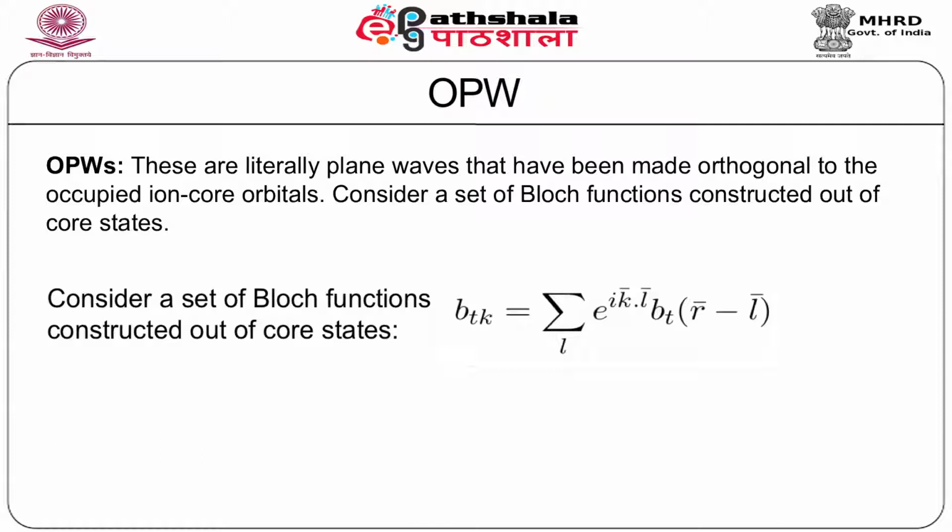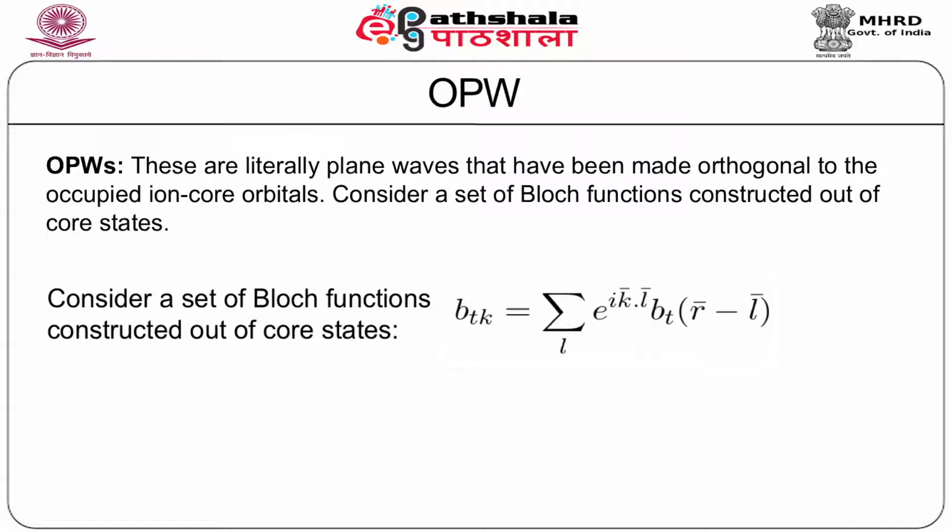Consider a set of Bloch functions constructed out of the core state, as shown here, which is given by b_tk, where k is the wave number, given by summation over L of e to the power i k dot L times b_t(r minus L), where L basically describes each of the positions of the ions.